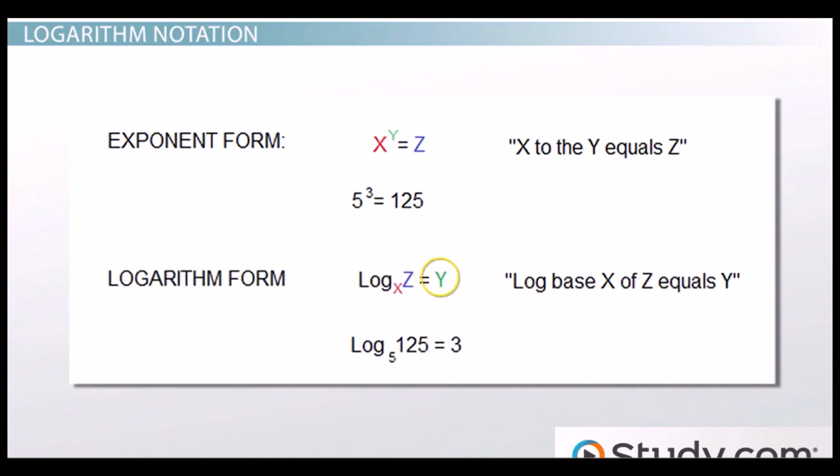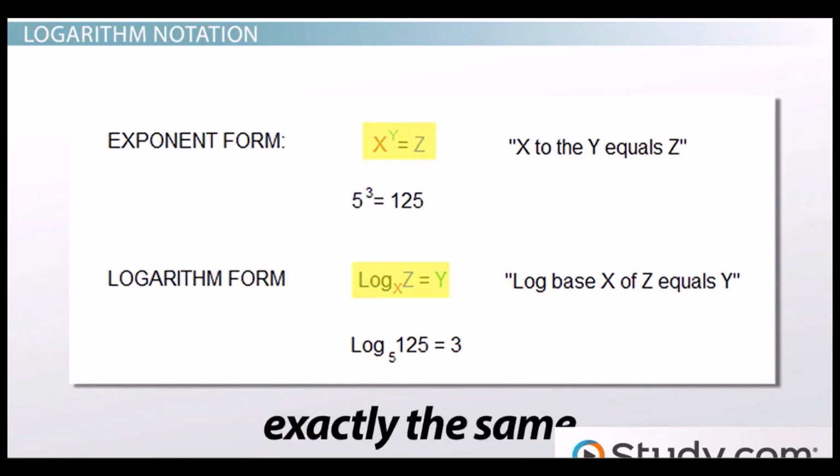In logarithm notation, the thing that we're solving for is isolated, so it's easier to solve for, just like it is in regular exponent form. This might look confusing at first, but it's just another way of writing the exact same concept. These two expressions are exactly the same. They're just two different ways of writing the same thing.